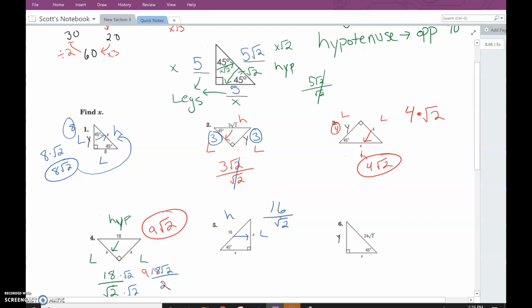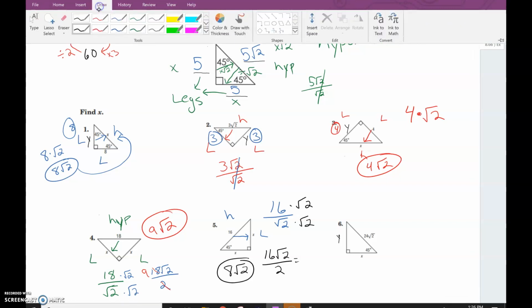This one requires a little extra work, but you have to apply and you have to know what you're doing here. Get this out of the bottom. It's going to look similar to number 4. I'd have 16 square root of 2 over 2, which is 8 square root of 2. Okay, that would be for both of those x's.